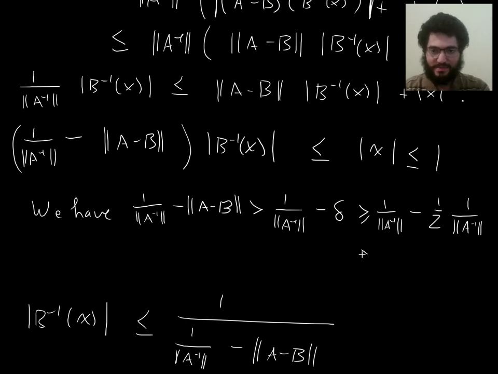And so I've got something minus half of itself. Great. So the denominator here is not 0, so I can do this division. And also, I have an inequality. So the denominator is greater than this, so that means the fraction here is less than 1 over this.